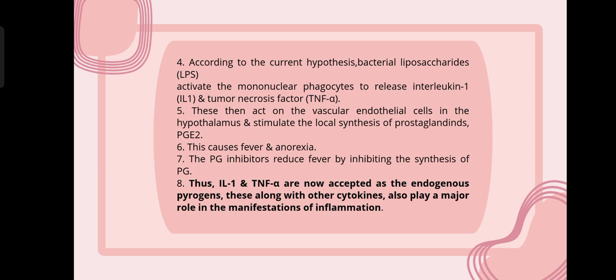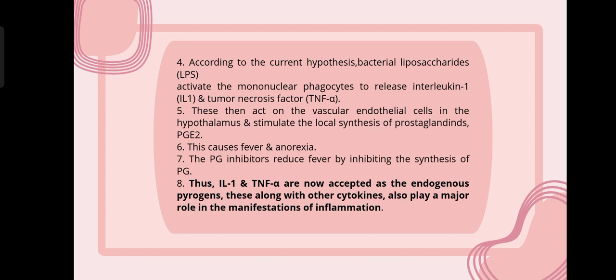the bacterial cell wall consists of lipopolysaccharides, and these lipopolysaccharides present in the bacterial cell wall will act as a foreign material to the human body, as they are going to activate the phagocytes.